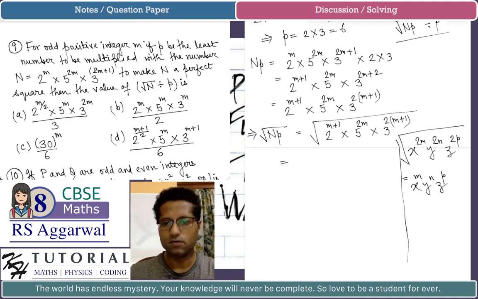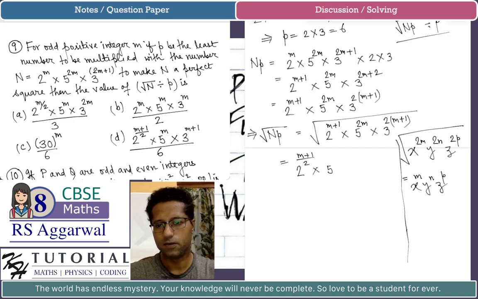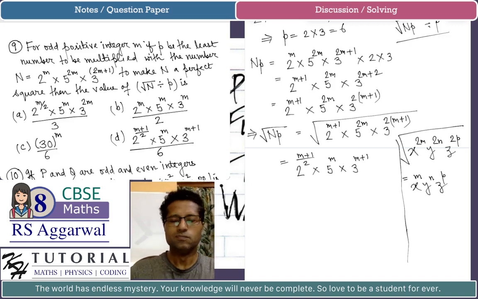Okay, so now if we apply this concept, we will get the square root as 2 to the power, all the powers divided by 2, multiplied by 5 to the power 2m divided by 2 is m, and 3 to the power m plus 1.